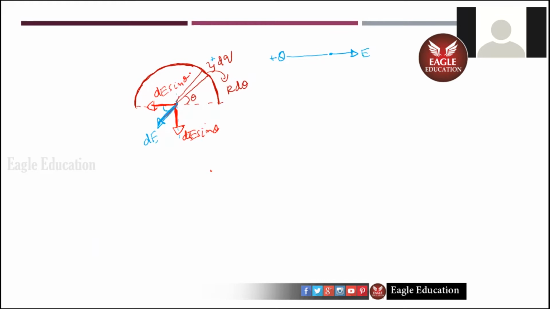Sir, because symmetrically they will be equal and opposite to each other, dE cos theta will get cancelled. And there is the sin theta. E will be equal to the integral of dE sin theta. But here lambda, remember, lambda is not constant.